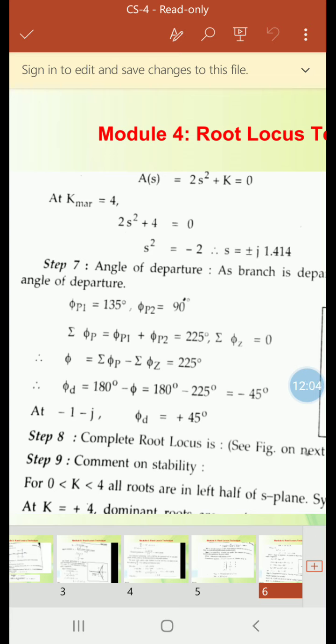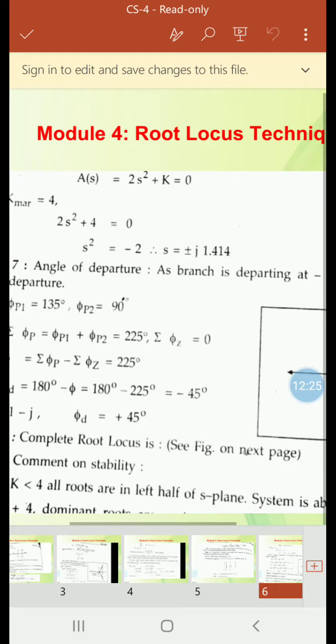The next step is to find the angle of departure, as there are complex conjugate poles. As the branch is departing at minus 1 plus j, let us calculate the angle of departure. This has been shown here. These are the complex conjugate poles. When you take this angle, phi p1 has been shown here.